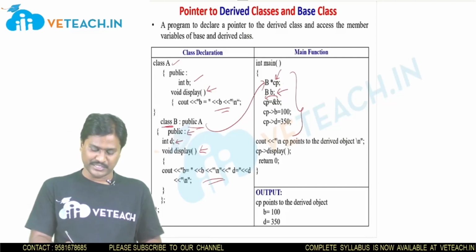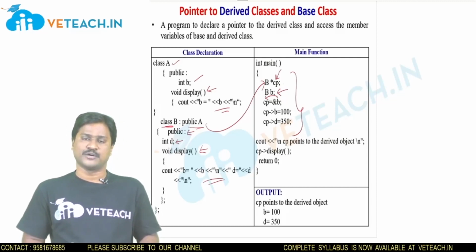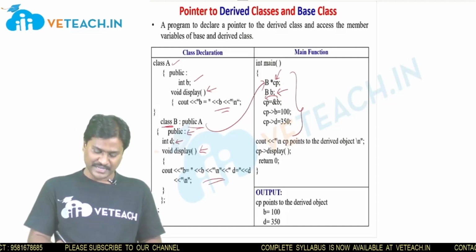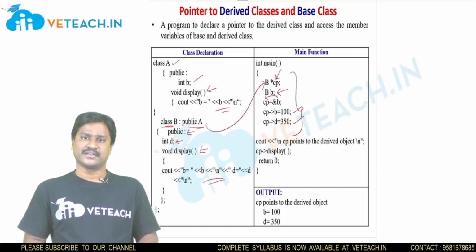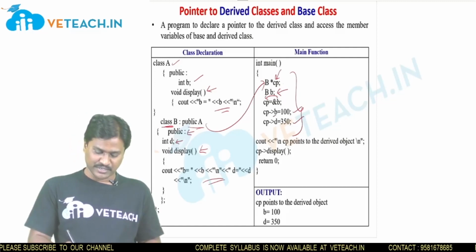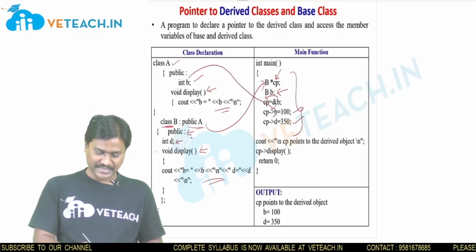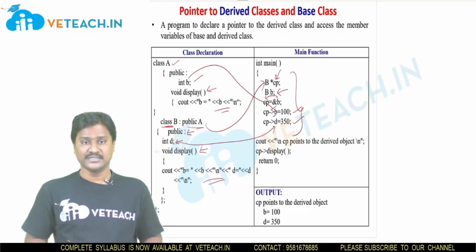By creating this CP pointer to the current object of the derived class, I can modify the values of the base class as well as the derived class. B is a variable defined in the base class and D is a variable defined in the derived class.